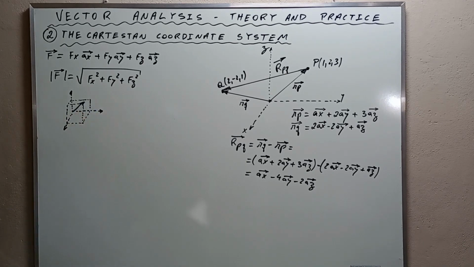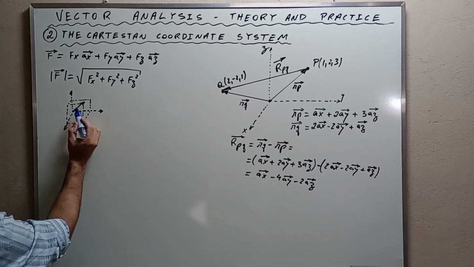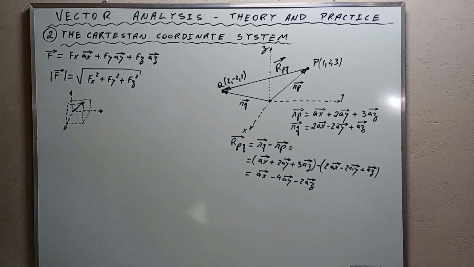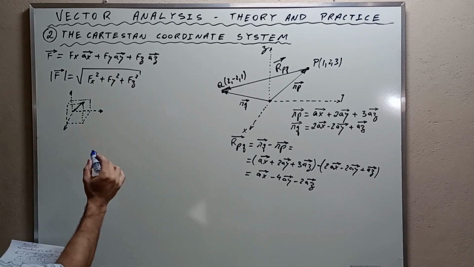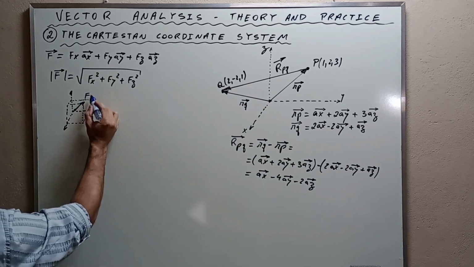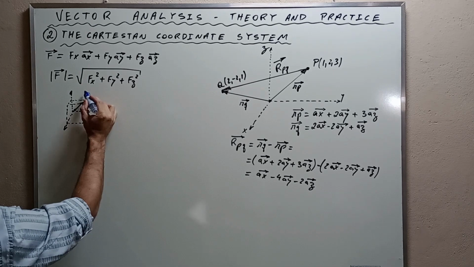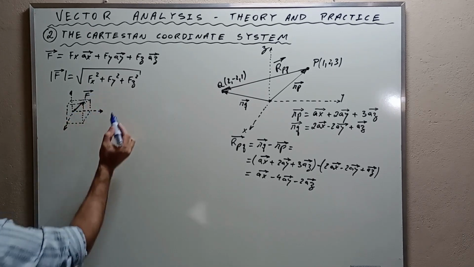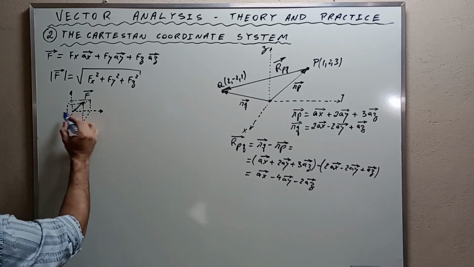Okay, this is our vector, and this vector has a direction, and there will be a unit vector here. This is vector F, and this is the unit vector AF.